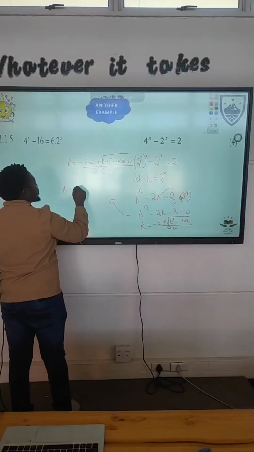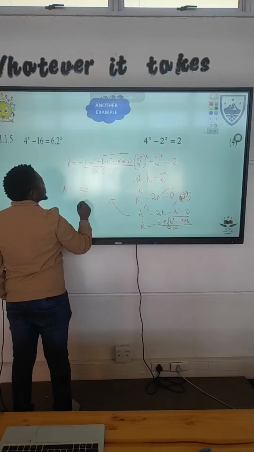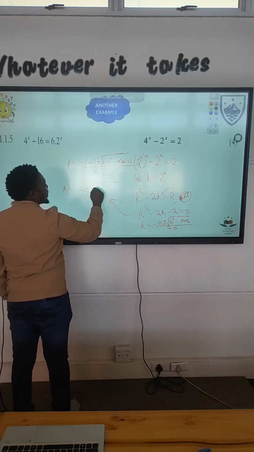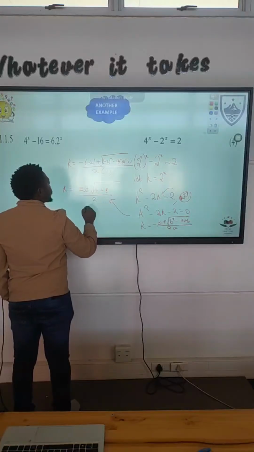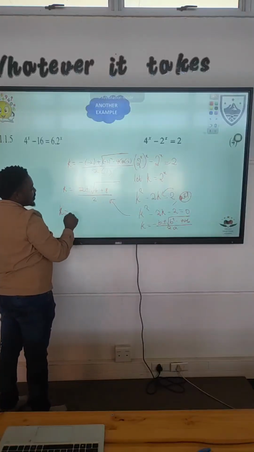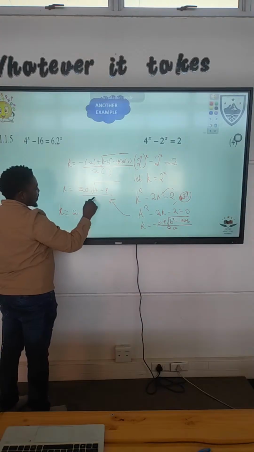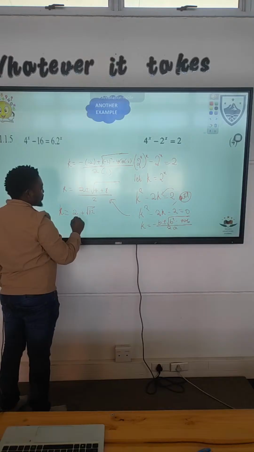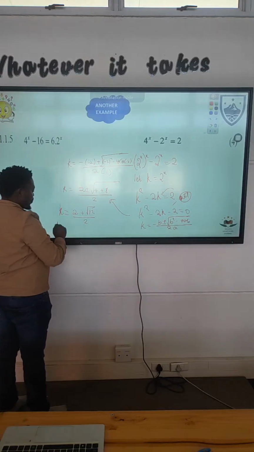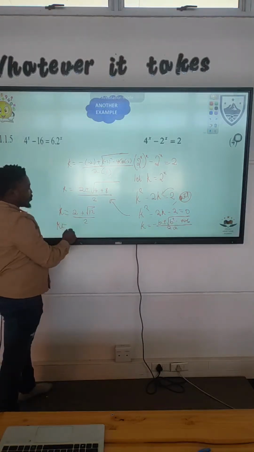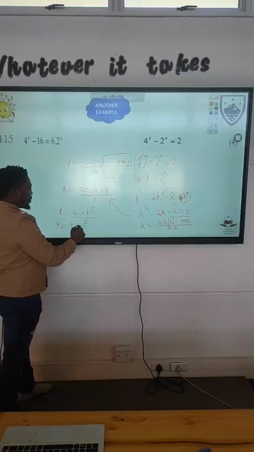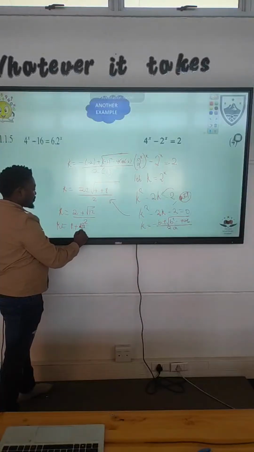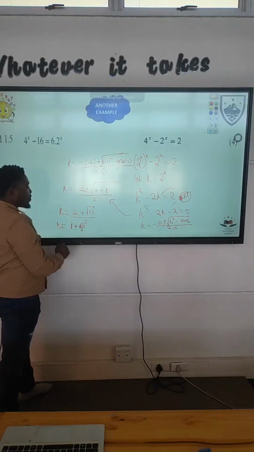So my k value will simply be 2 plus the square root of 12, divided by 2, which is 1 plus 1 over the square root of 12 over 2.